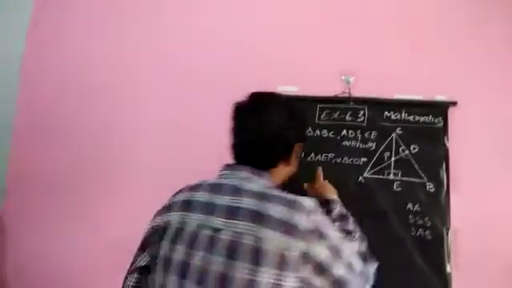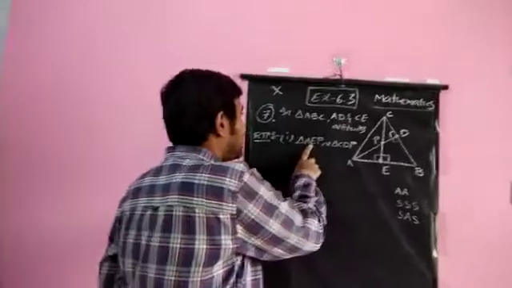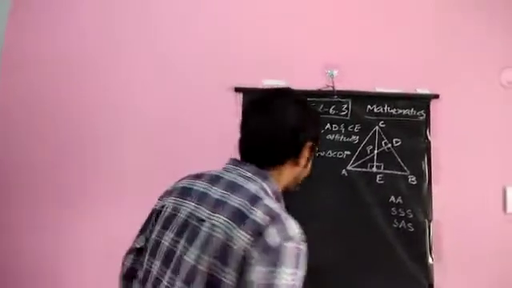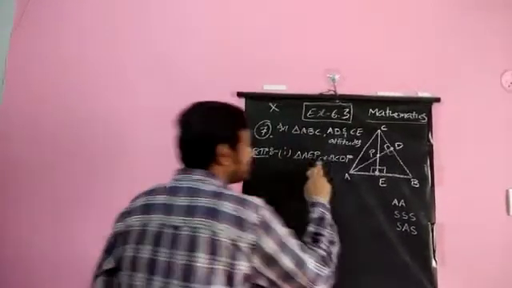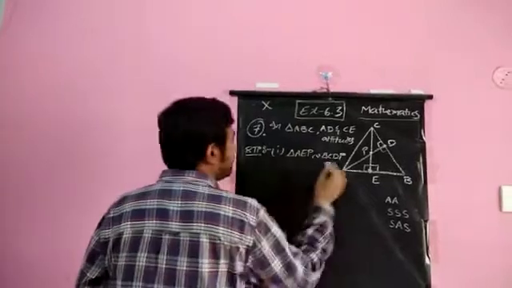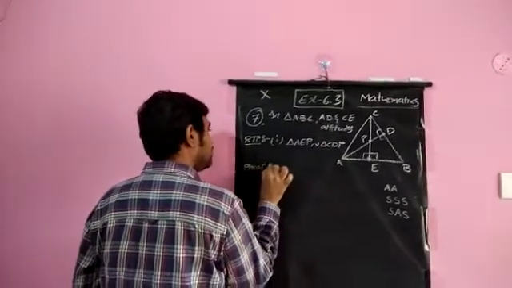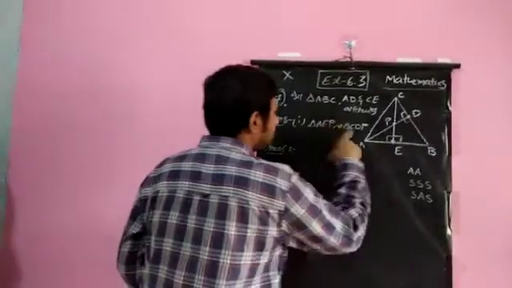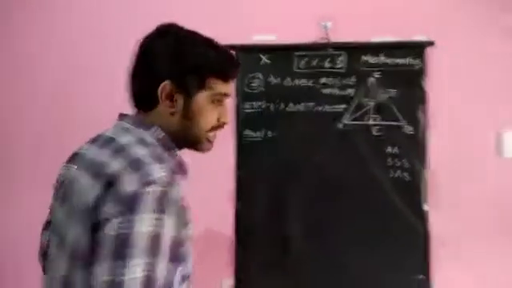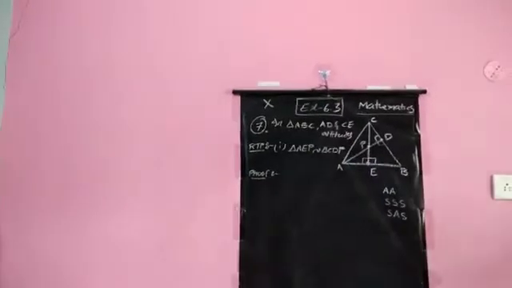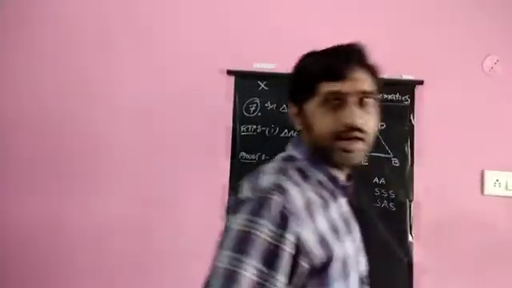First they are asking us to prove that triangle AEP is similar to triangle CDP. In order to prove the first one, we need to start from the triangles themselves, to see which similarity criteria fits.